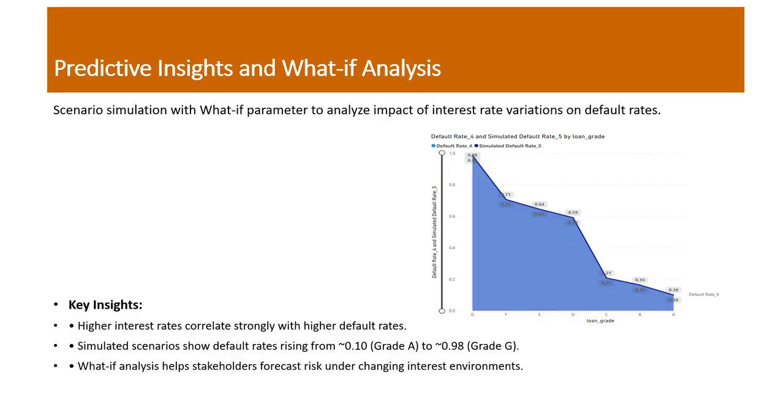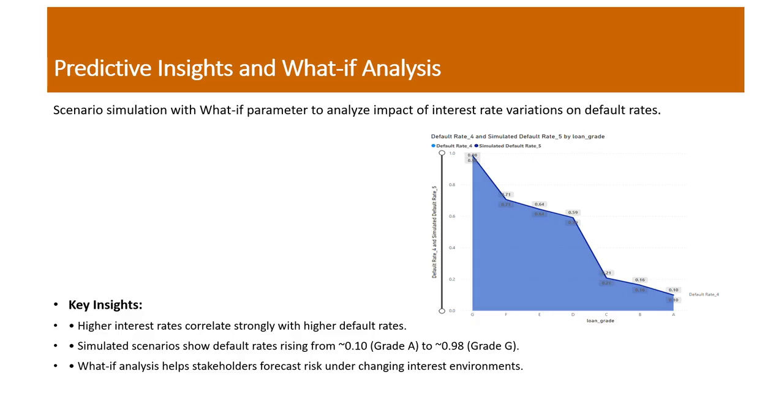Predicted incentive and what if analysis. Simulation with what if parameter to analyze impact of interest rate variation on default rate. Default rate and simulated default rate by loan grade.